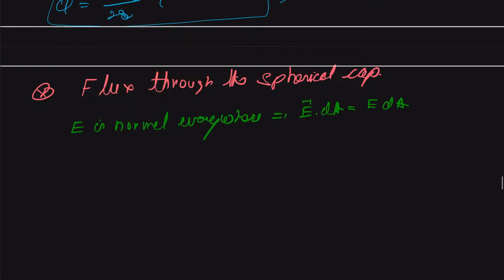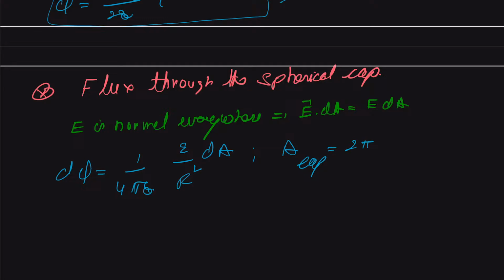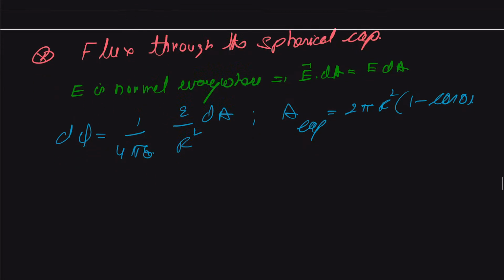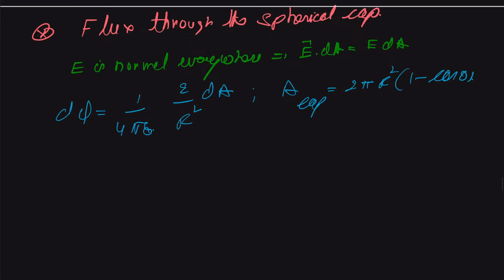And so we can write our flux will be equal to 1 upon 4 pi epsilon naught, Q upon R square, and our dA. And the area of the cap is equal to 2 pi R square 1 minus cos of theta. So we simply substitute this and get the answer.